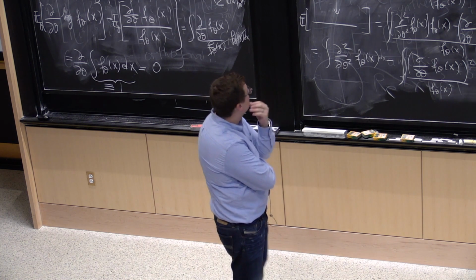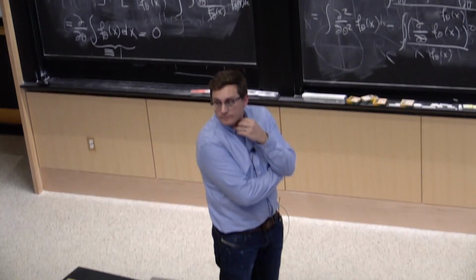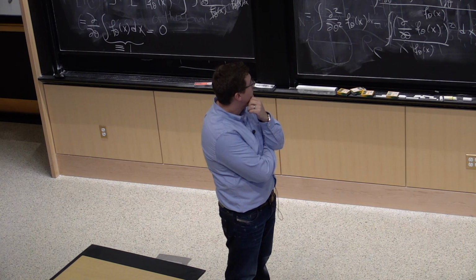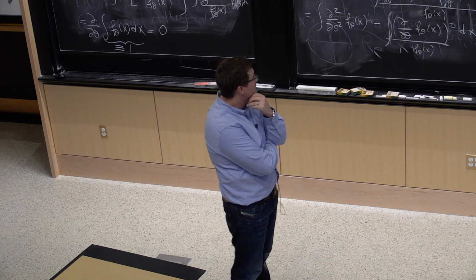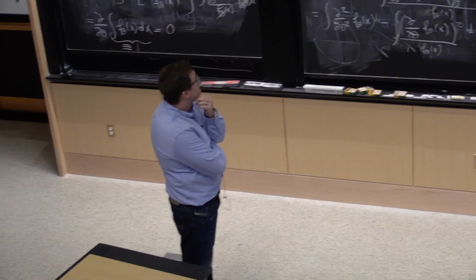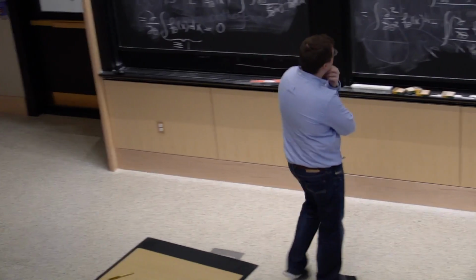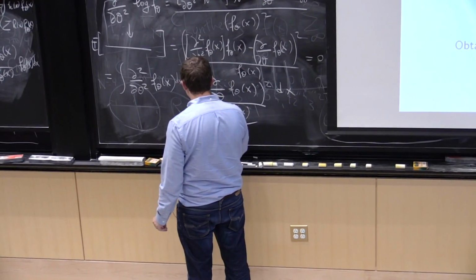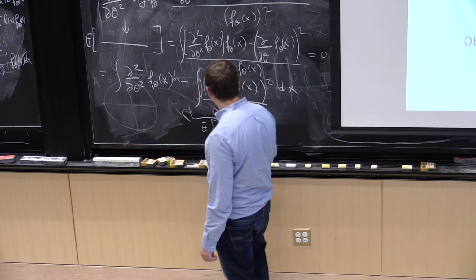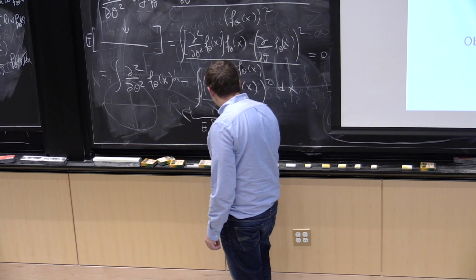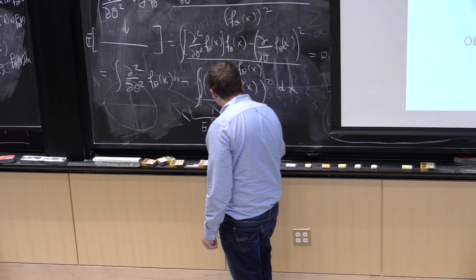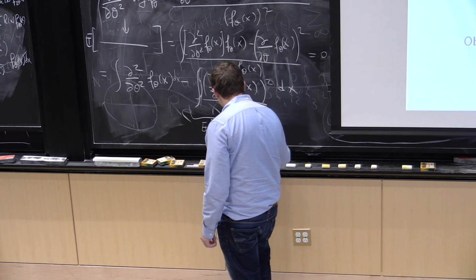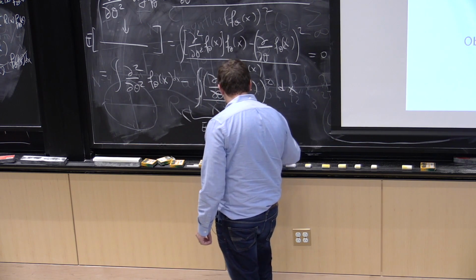OK, maybe I. For the term on the right, shouldn't it be divided by f theta of x squared? You're losing f theta of x when you do the expectation. That's correct. Right. OK, but let's write it like this. So you're right. So this is what? This is the expectation of the partial with respect to theta of f theta of x divided by f theta of x squared, right?